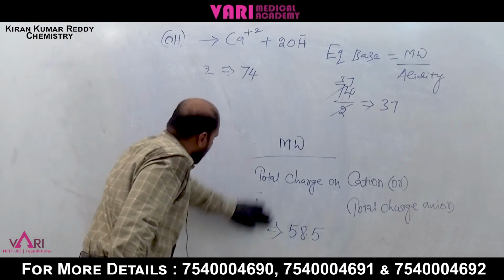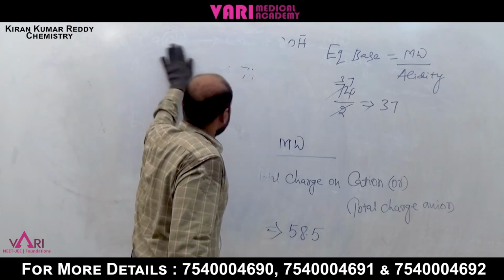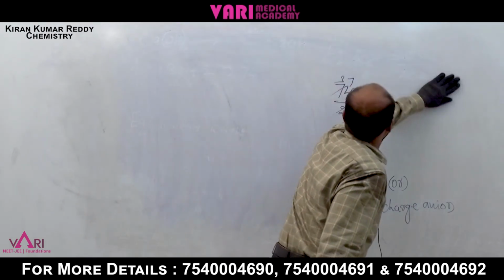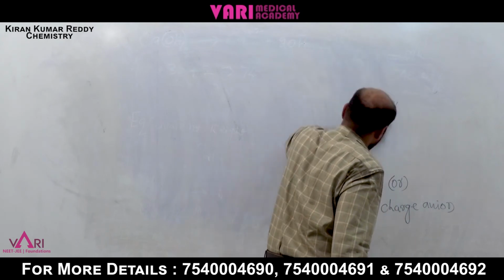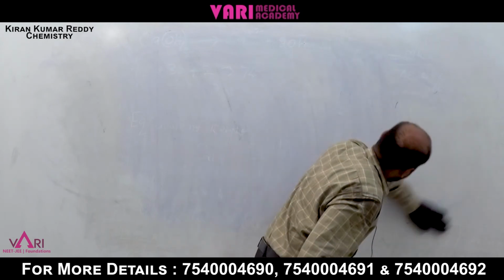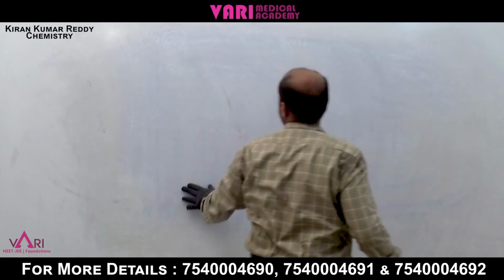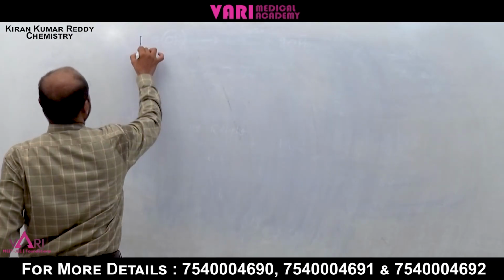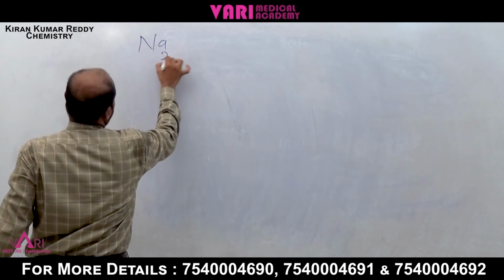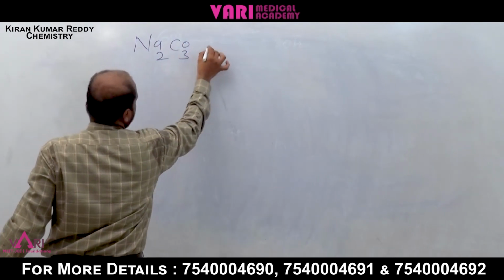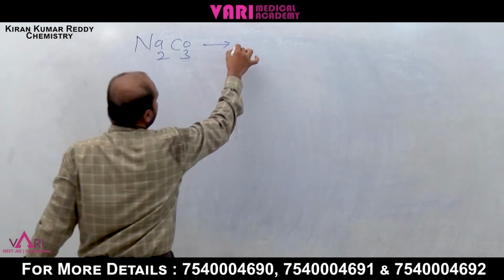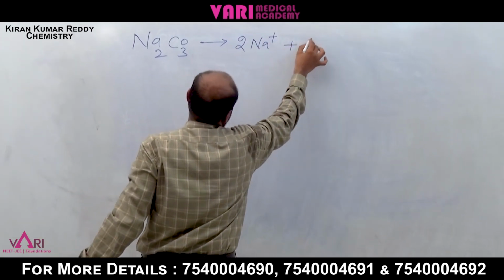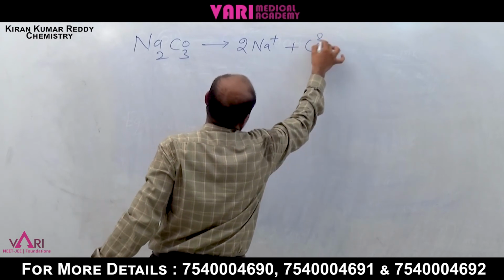Another example, Na2CO3. If you take Na2CO3, it gives rise to 2Na plus and CO3 2 minus.